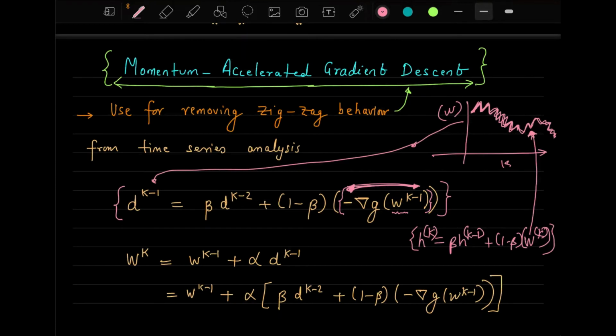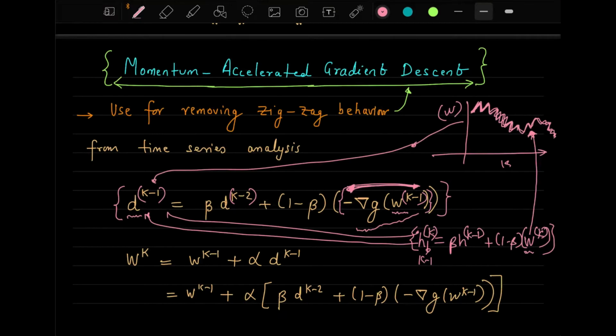If you replace k by k minus 1, then you will get k minus 1 here, k minus 2 here, and k minus 1 this side. Everything else remains the same, and h is replaced by the variable d, and the w is replaced by the gradient of g at Wk minus 1, and k is replaced by k minus 1 in moving from this expression to this expression.